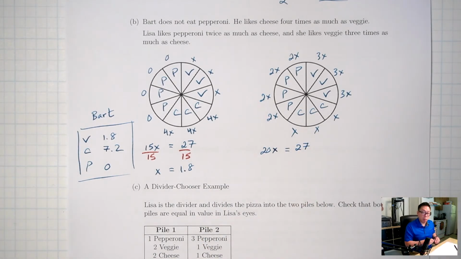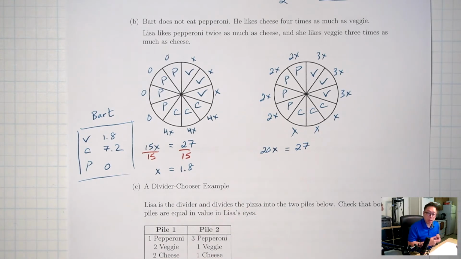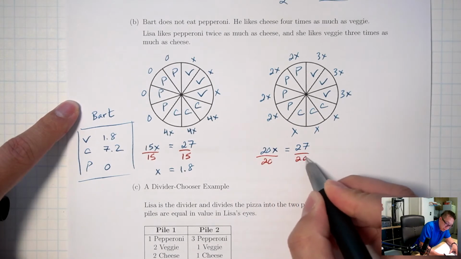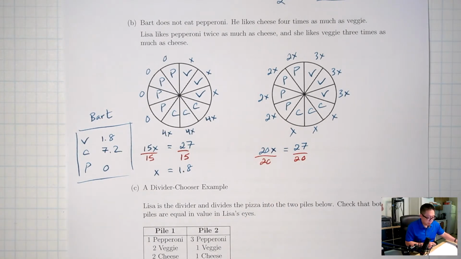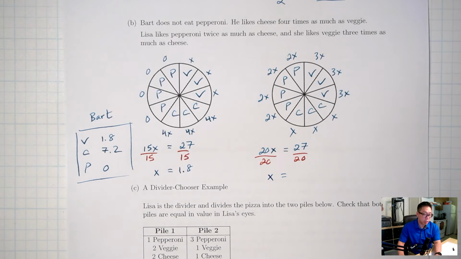Then get the x by itself. I need to get rid of the 20, so divide both sides by 20. Left side, the 20s cancel out, and you have x. Right side, 27 divided by 20 is 1.35.